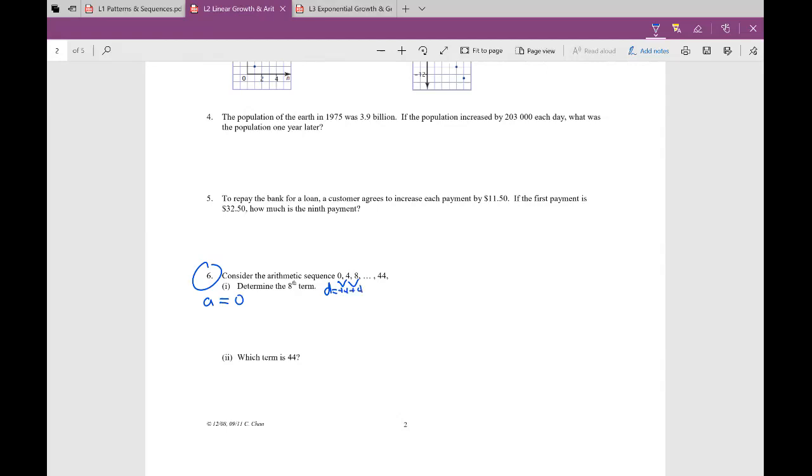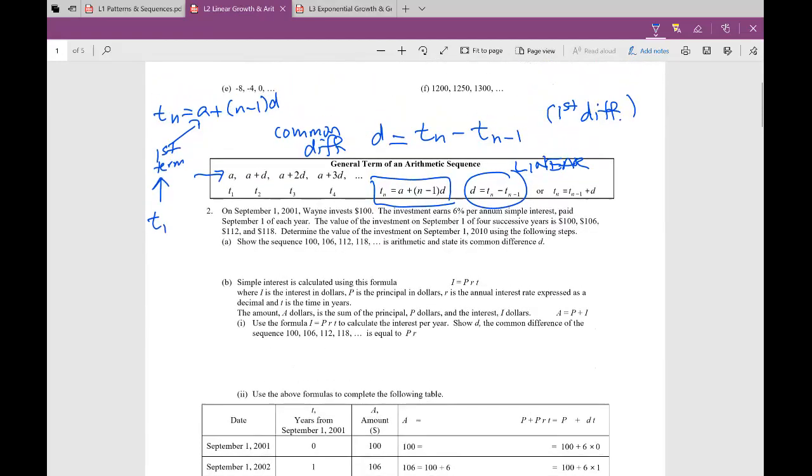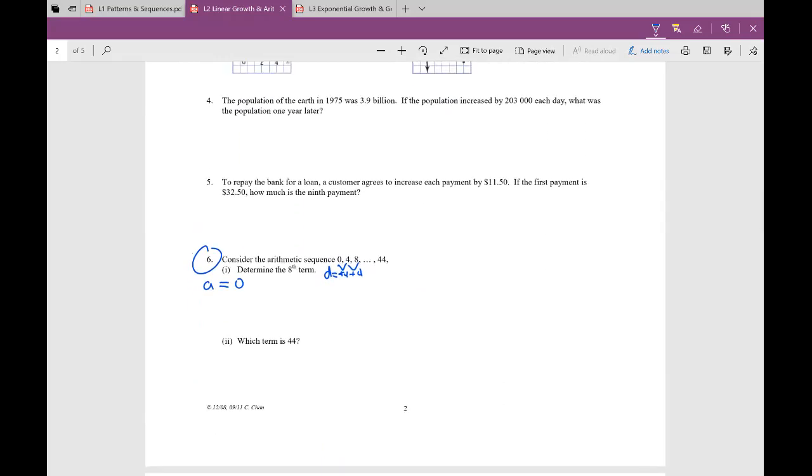But basically, I'm trying to confirm that the difference between the first term and the second term, like 4 minus 0, is +4. 8 minus 4, that's +4. And I'm trying to reinforce this rule of d is equal to Tn minus Tn-1. So the common difference is +4.